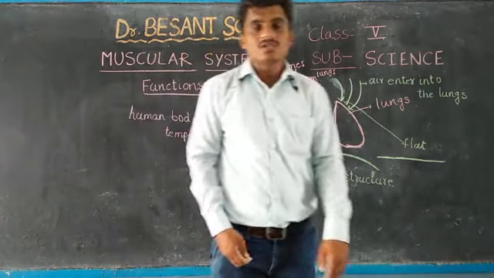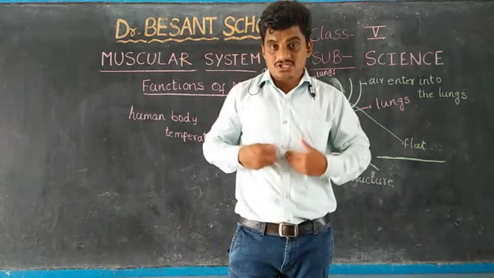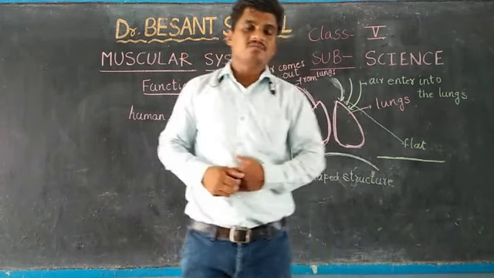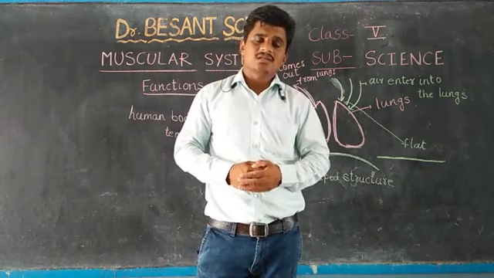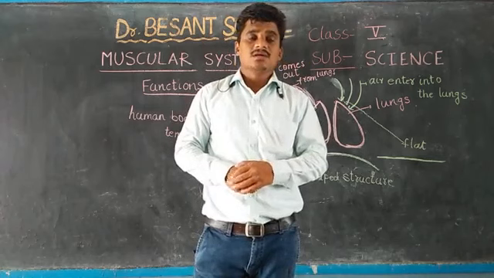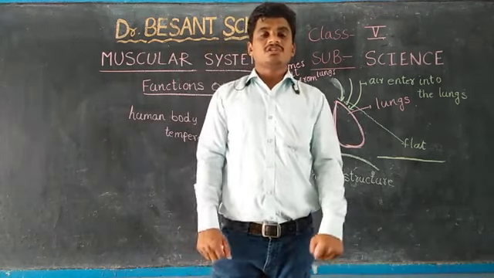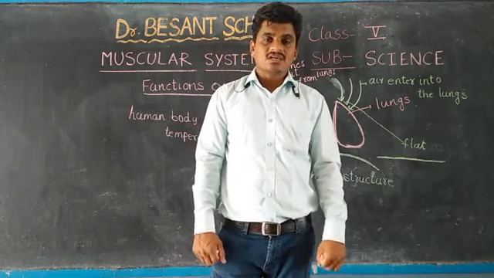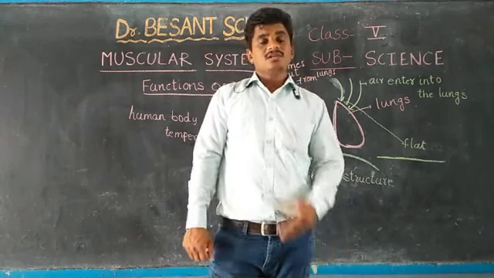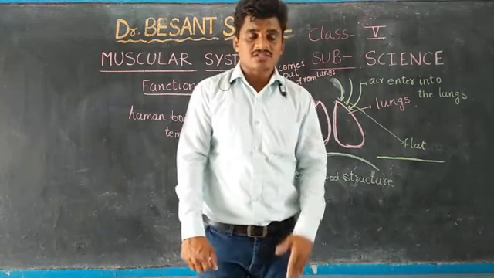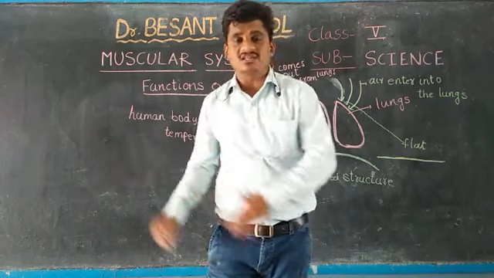Fourth point, the muscles present in the stomach and intestine help in digestion. And then fifth point, the muscles play an important role in keeping our body straight. They give posture and definite shape to the body. You definitely observe a lot of difference between the people who do regular exercise and those who do not.